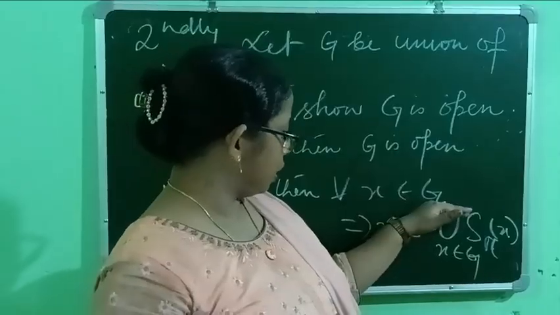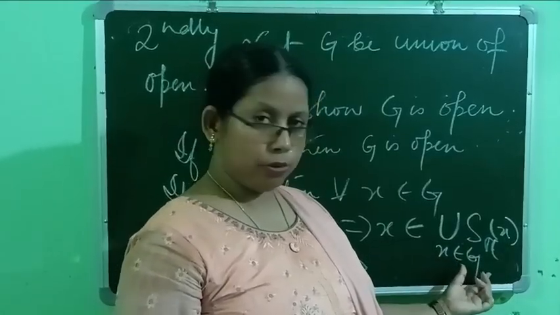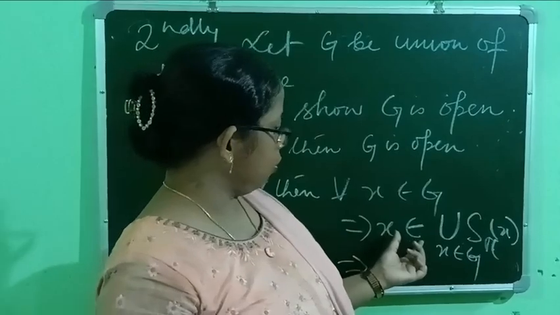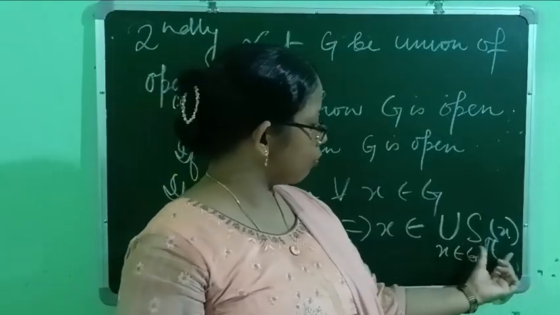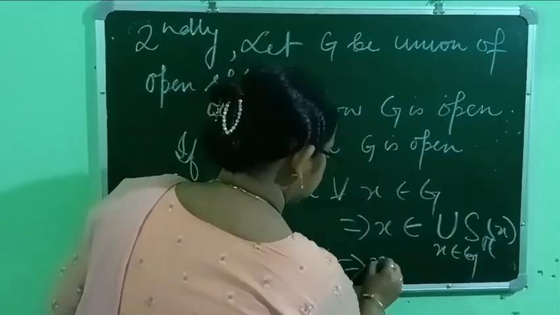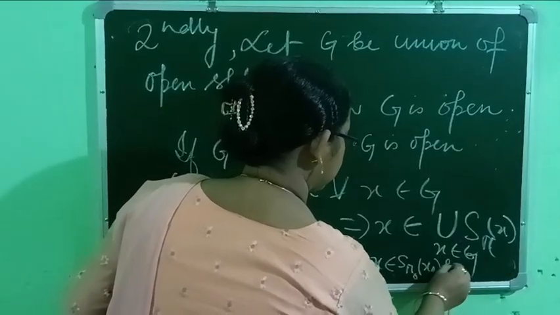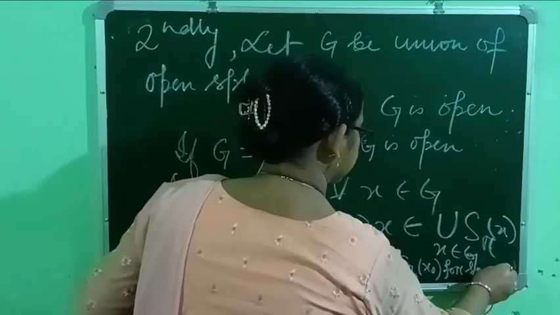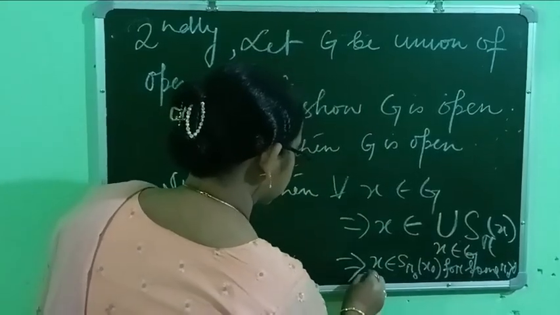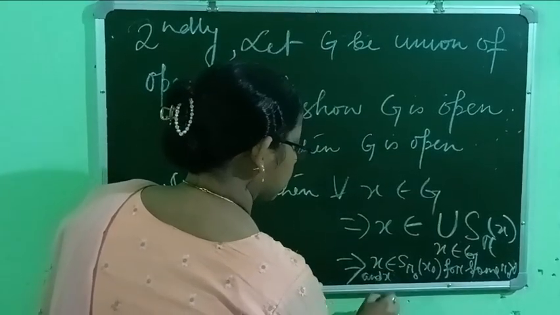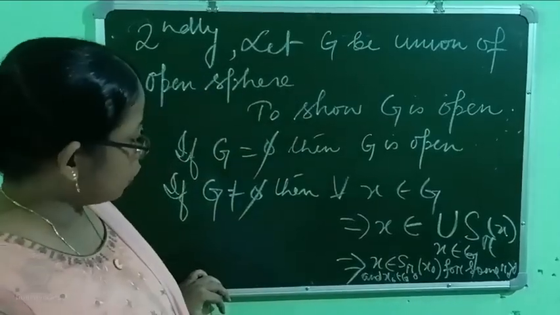That means x belongs to S_r0(x0) for some r0 greater than 0, and x0 belongs to G.